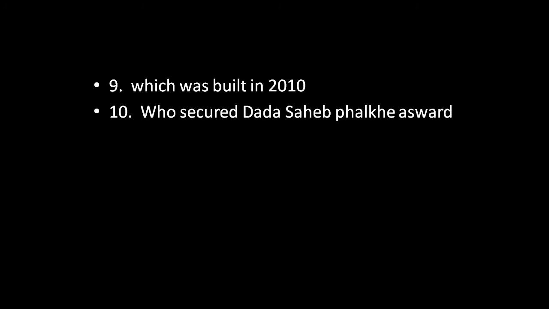Viswanath is one of the outstanding directors in Telugu film industry who secured the Dada Saheb Phalke Award. We can also write: Viswanath, who secured the Dada Saheb Phalke Award, is one of the outstanding directors in Telugu film industry. So like that, we combine the sentences using the relative pronouns.